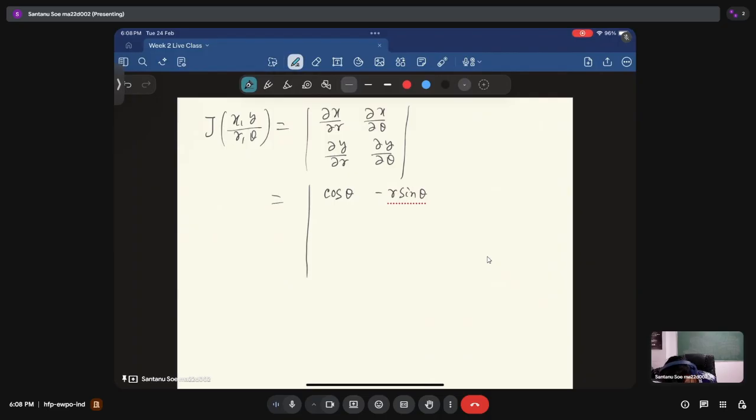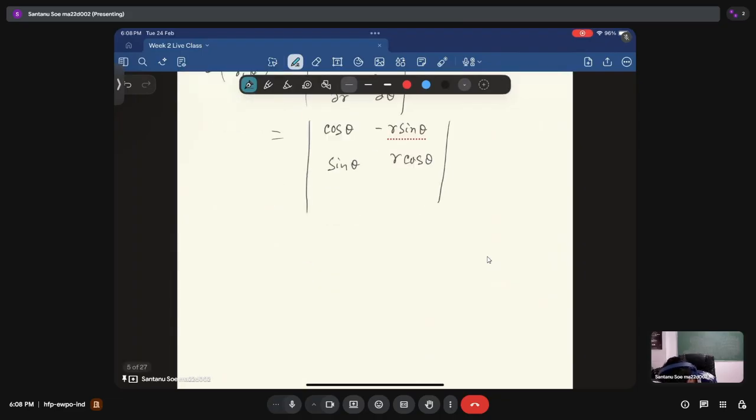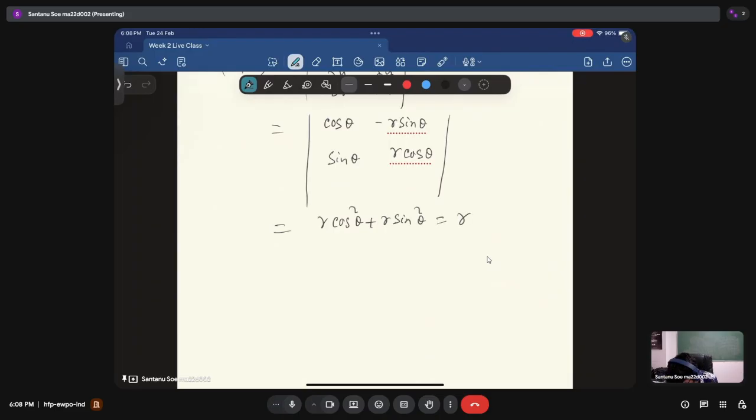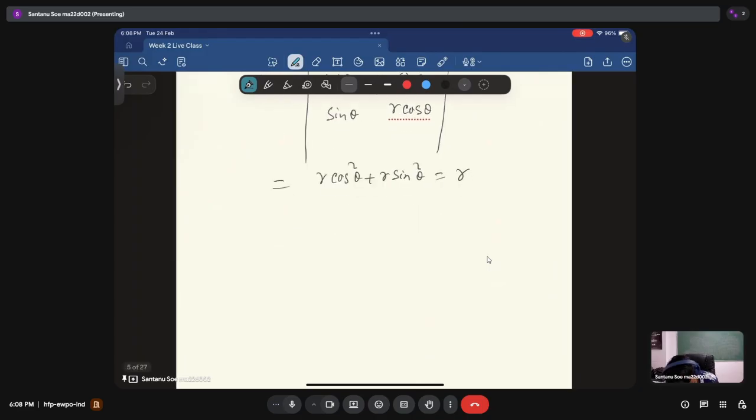Now similarly, y is r sin theta, so del y del r will be sin theta, and del y del theta will be r cos theta. Okay, and this is nothing but r cos square theta plus r sin square theta, which is nothing but r. Correct.